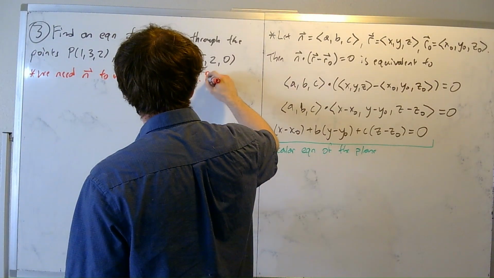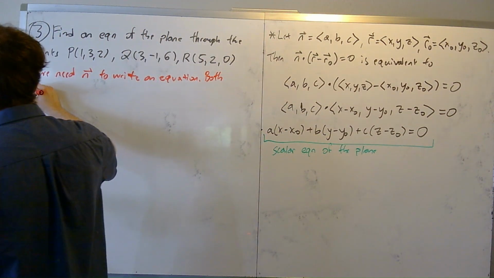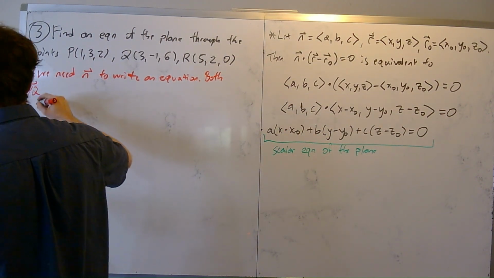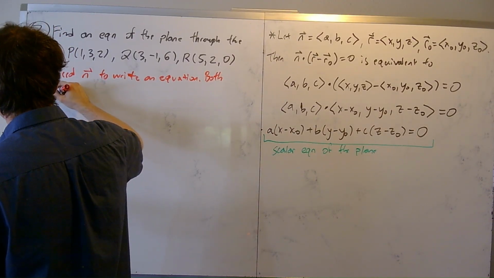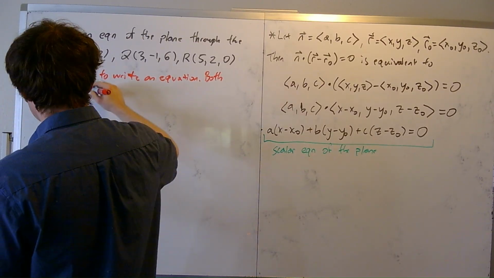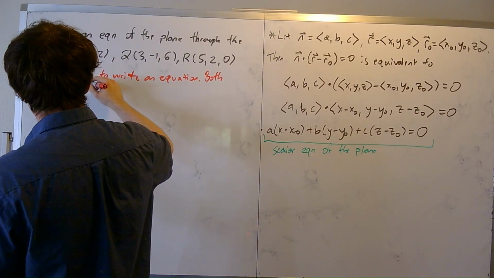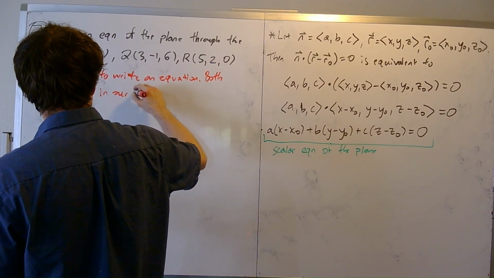Both PQ, so the vector from P to Q, and the vector from P to R lie in our plane.